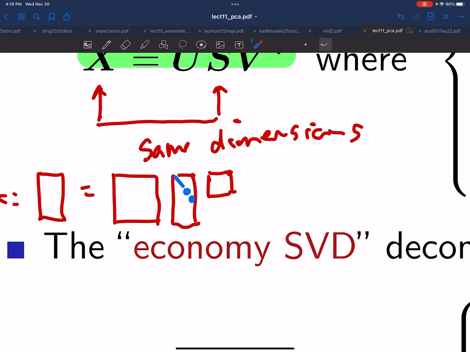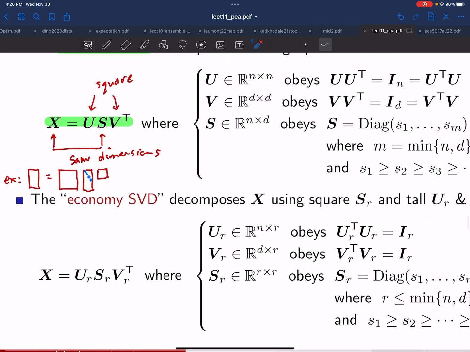So really, the only ones you care about, if there's, let's say, R of those, you only care about the first R columns here and the first R rows here. And the economy SVD computes only that stuff. So it looks like this.